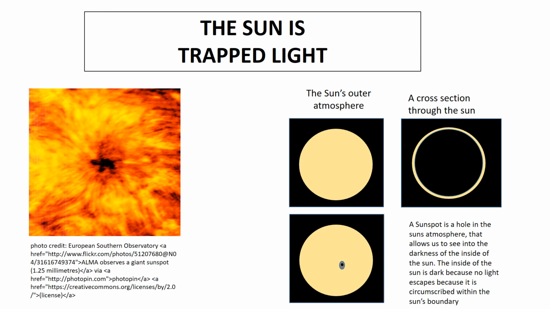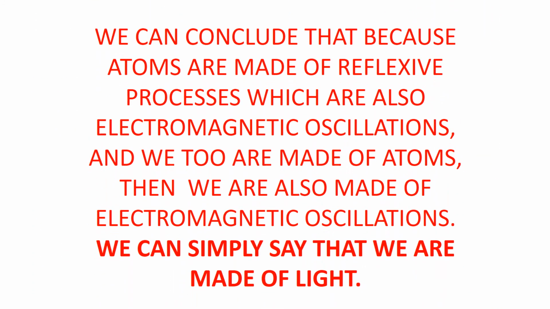What more can we say about atoms and light? We can conclude that because atoms are made of reflexive processes, which are also electromagnetic oscillations, and we too are made of atoms, then we are also made of electromagnetic oscillations.